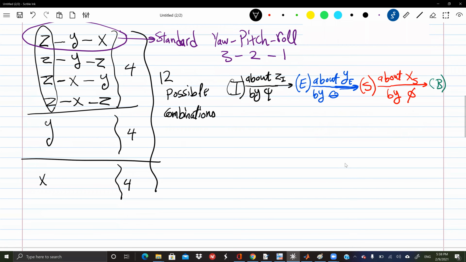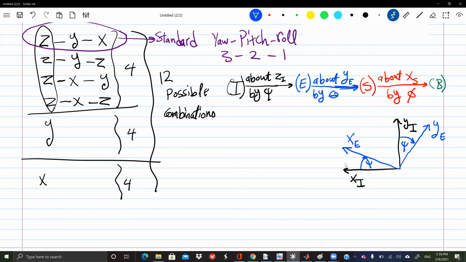So simply, this is about Z, so it's happening in the XY plane. This is X inertial, Y inertial, and I'm rotating by an angle of psi to the blue frame. So this is XE, YE. The angle is named psi. You can call them whatever you like.